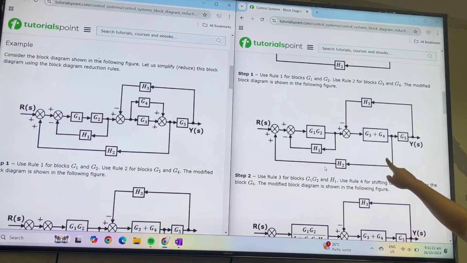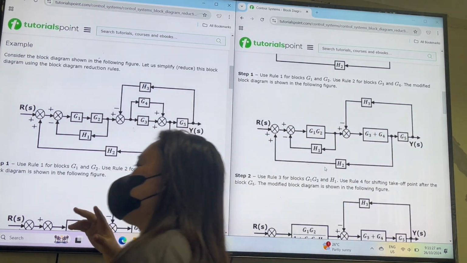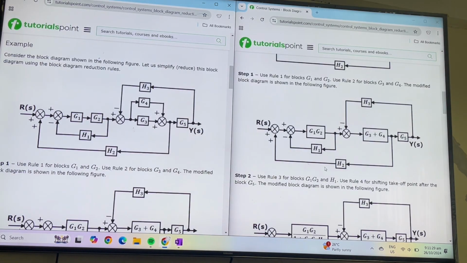Use rule 1 for blocks G1 and G2. For rules 1, 2, 3, they follow in order.